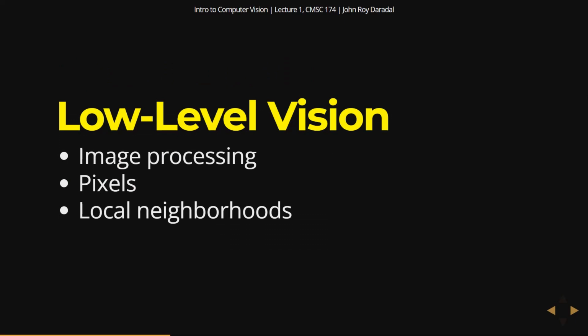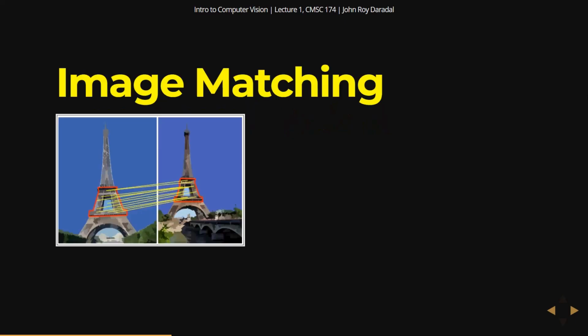Low-level tasks are concerned with image processing, basically. Doing something with a pixel, processing the pixel to achieve some effect. We'll learn more about image processing in next videos. But basically for low-level vision, you are working with individual pixels or local neighborhoods. So it's pretty basic and pretty fast, because you're just working on the pixels themselves. Some of the tasks in low-level vision are image matching.